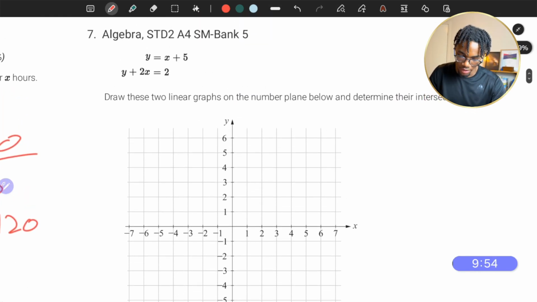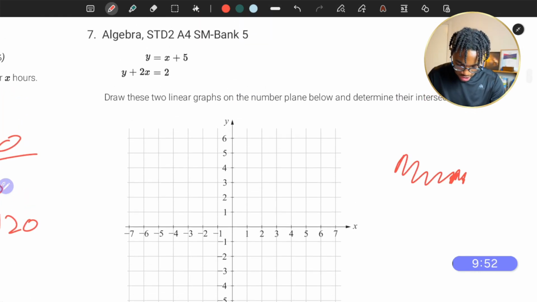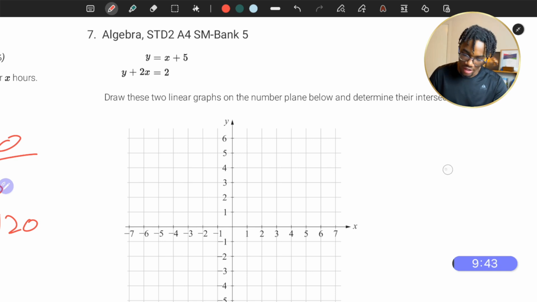Okay, so draw these two linear graphs on a number plane below to determine their point of intersection. One way we can do it is write a table of values. The other way, just to save time, is to plot the y-intercept, plus 5, and then it goes up by 1 and across by 1 because it has a gradient of 1.